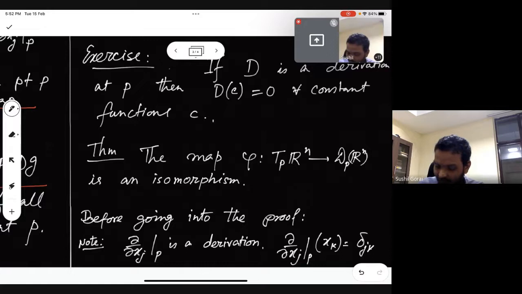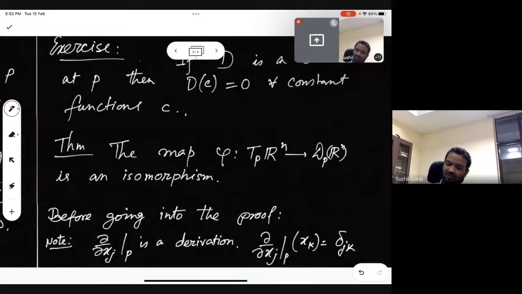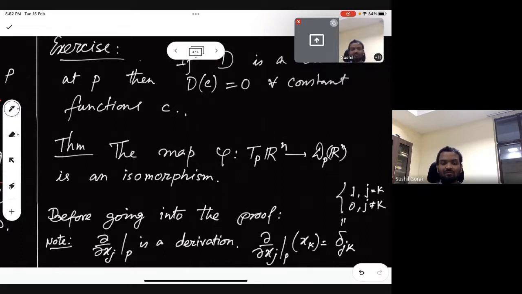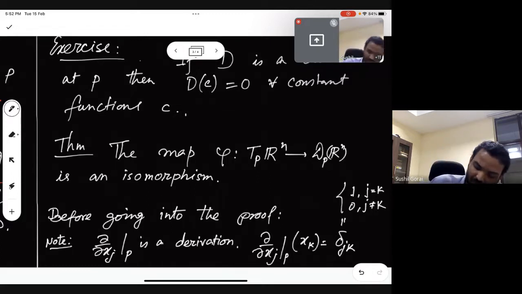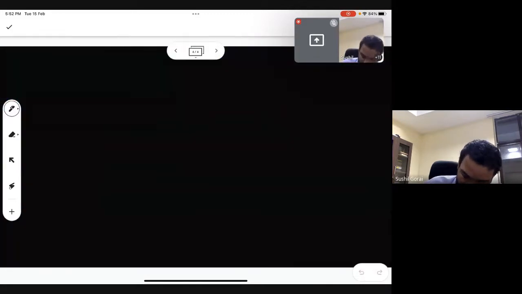Delta jk, right? Which is equal to 1 when j equals k and 0 when j is not equal to k. All right. Is this clear? Well, let's look now at the isomorphism part.